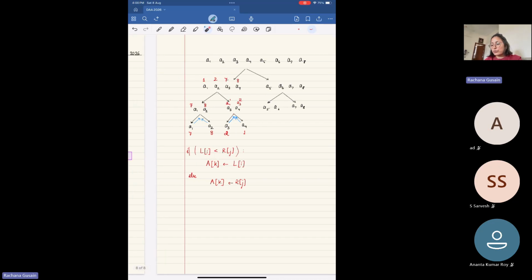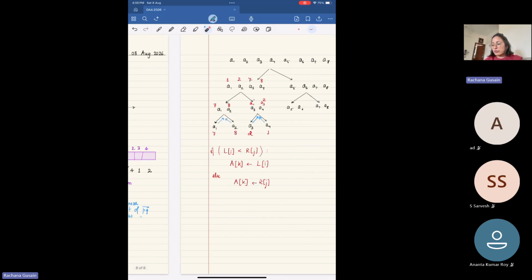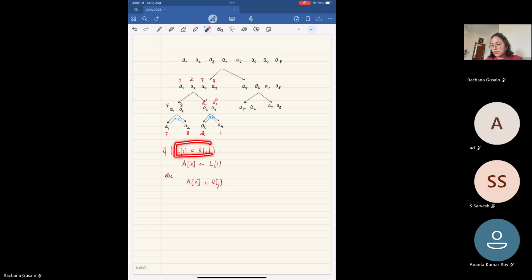So when you want to sort the points with respect to their angles, I'm going to replace this comparison because I cannot compare 2 points directly. I essentially want to compare the angle subtended by those 2 points, and that also we can completely avoid by just replacing this statement with the CCW test.